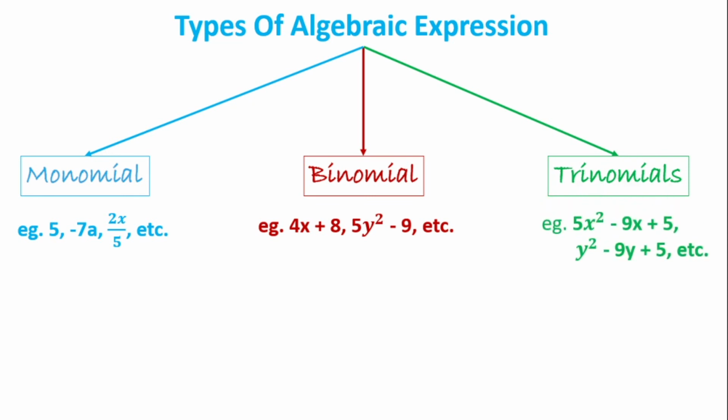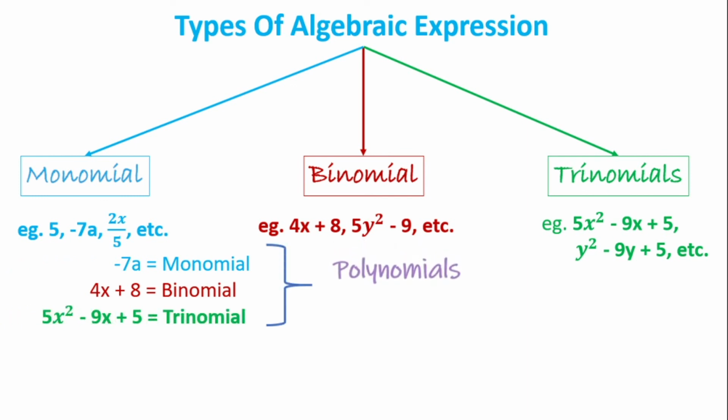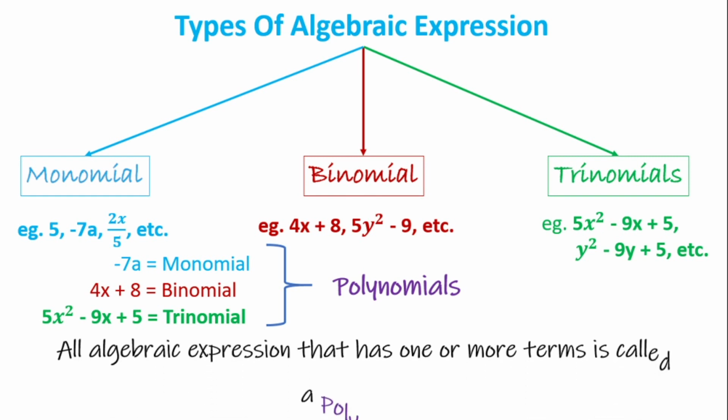For example, 5x square minus 9x plus 5 and y square minus 9y plus 5, etc. From the above examples, all the monomials, binomials and trinomials are also known as polynomials. So we can say that every algebraic expression that has one or more terms is called a polynomial.